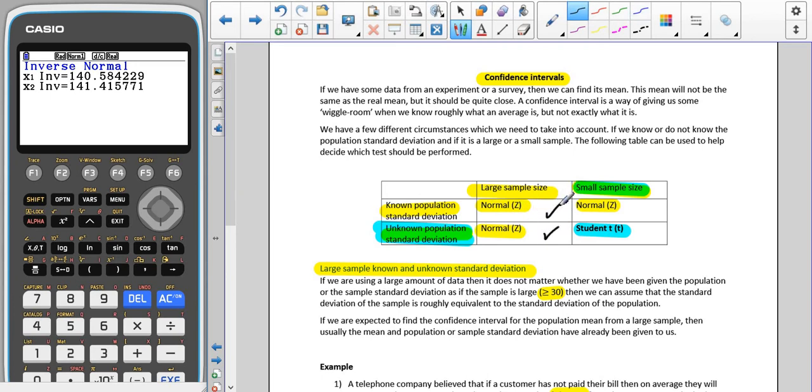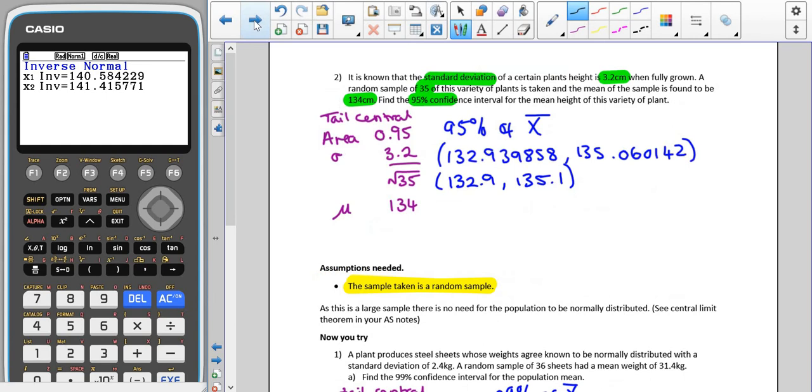So we've had a look at examples where we have a large sample and we have a known standard deviation, and we've had a look at those where we have a large sample and we have an unknown standard deviation. We are quickly now going to have a look at a small sample and a known standard deviation, because this is the last category where we do our confidence intervals in this same way.